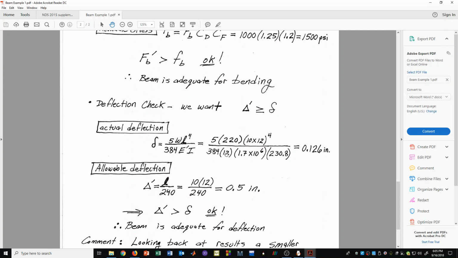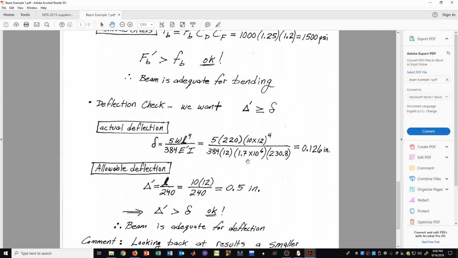And you'll notice that we have a 12 here on the bottom of the equation, and that is because this 220 pounds per lineal foot needs to be converted to pounds per inch. So this 12 on the bottom is converting this 220 to pounds per inch. The 384 is just a constant from the original formula. We also have our 10-foot span times 12, again, to convert that to inches. And hence, everything is in pounds and inches now.